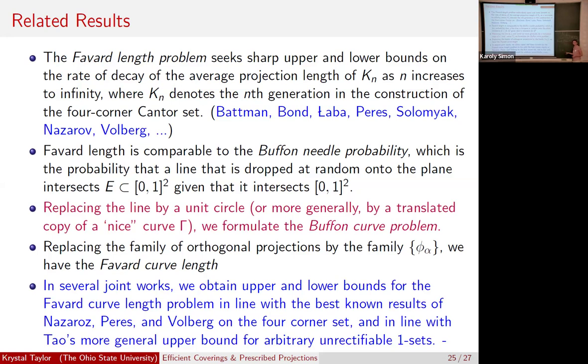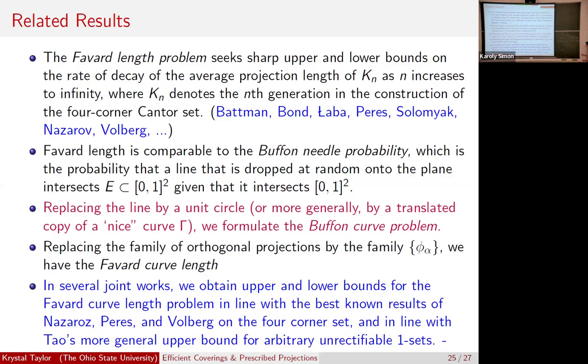It's defined as the average projection length with these P alpha maps. Then we're interested in this quantity as n goes to infinity. We're able to get upper bounds in line with those of Nazarov, Peres, and Volberg. We also get lower bounds.